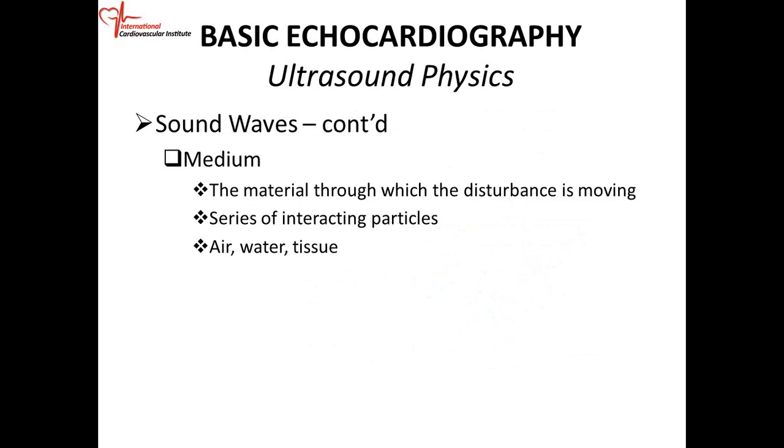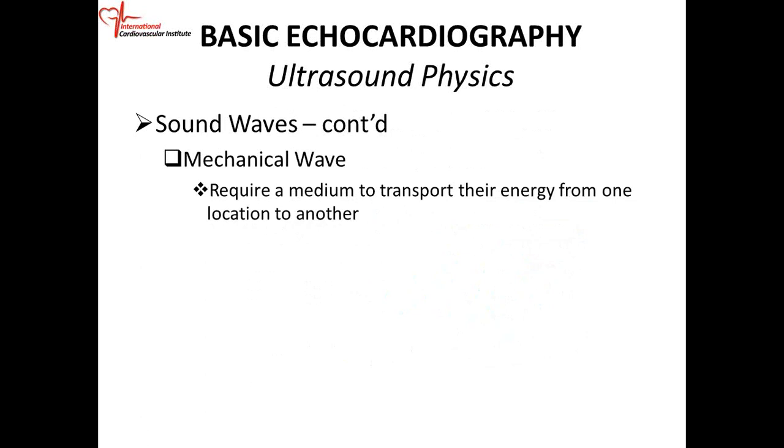When we talk about a medium, it is the material through which the disturbance is moving. A medium could be water, air, soft tissue, bone, you name it. In the medium, you have a series of interacting particles which vibrate.